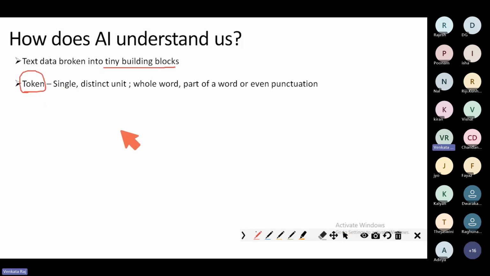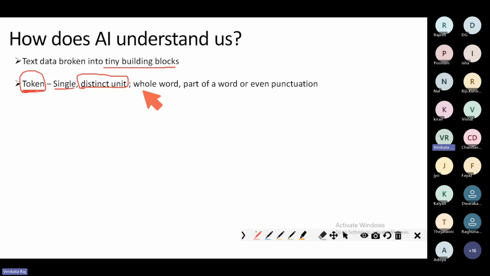Whatever text data you provide to the AI tools, they will break it into tiny building blocks. So a token is the single smallest distinct unit, because they are the building blocks.